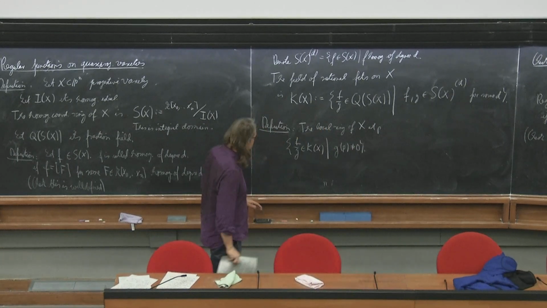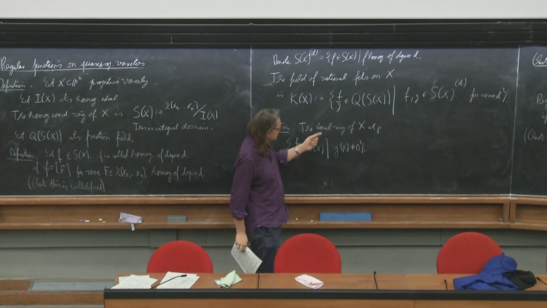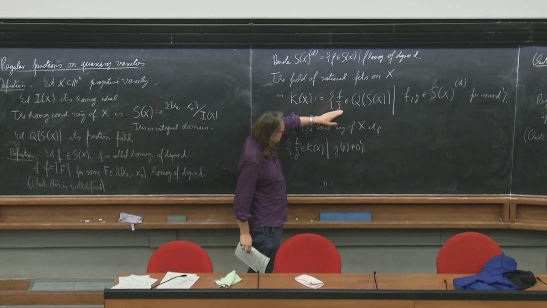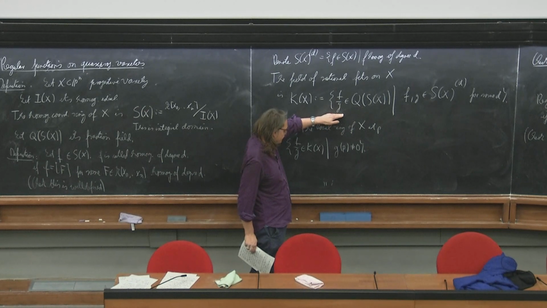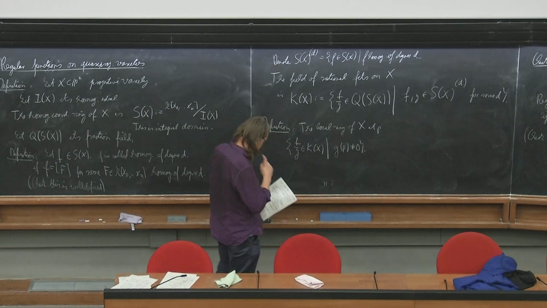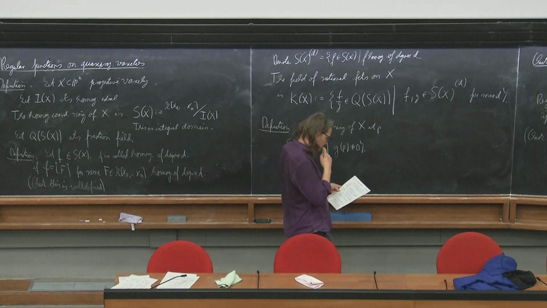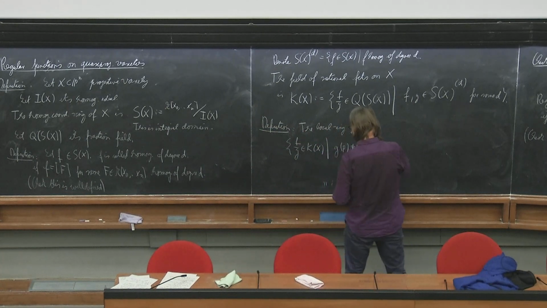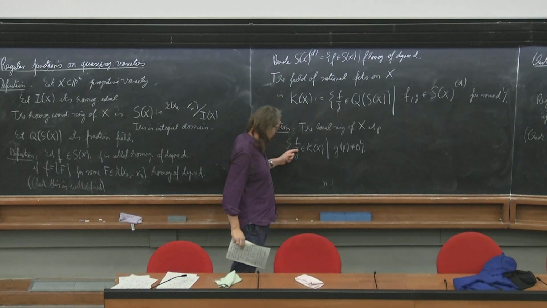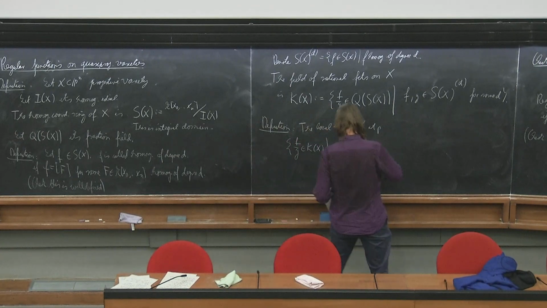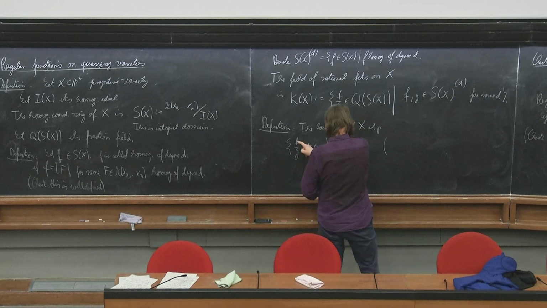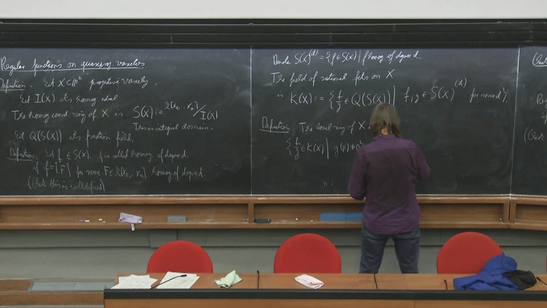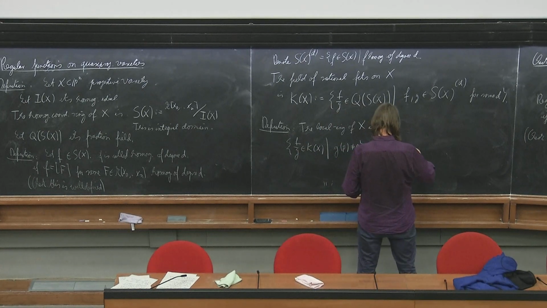Whether a polynomial is 0 at a point in projective space we can see, and this is just a class of a polynomial, so this makes sense. And obviously, F divided by G in K(X) means by definition that F and G are homogeneous of the same degree.